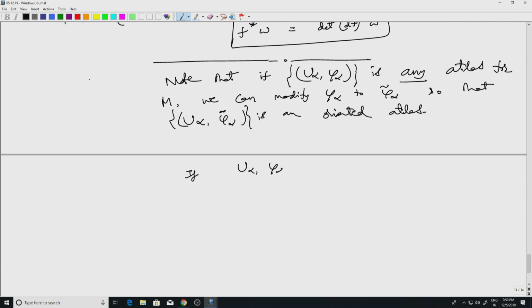U alpha, phi alpha is a chart, and phi alpha inverse star omega equals f dx1 through dxn.